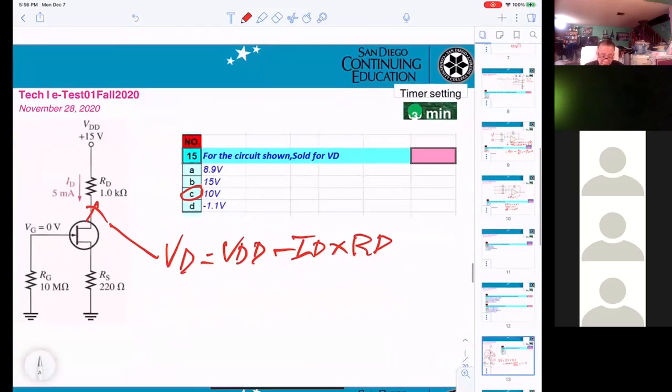Okay. On number 15, answer will be C. I already gave you the formula: VD equals VDD minus ID times RD. Next. RD is in kilo ohm, so you don't have to change. Yes.